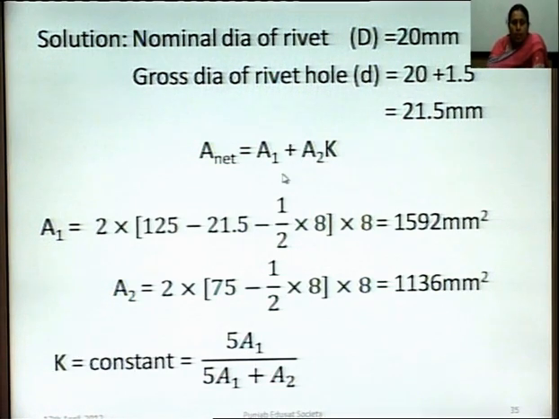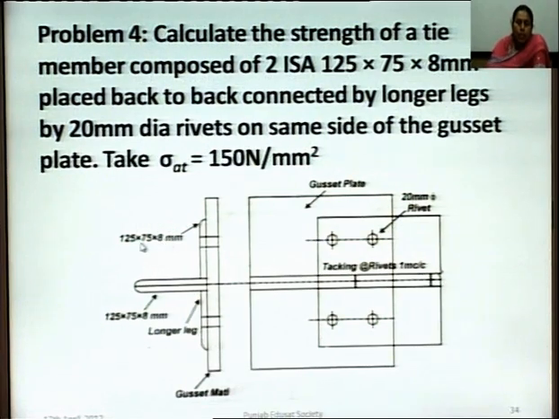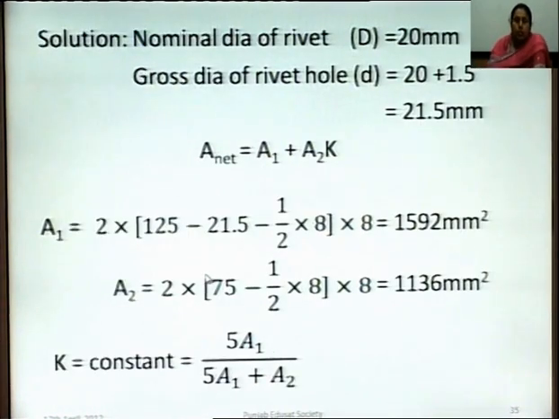Rest case is same. A1 will be area of connected leg. So, connected leg length is 125 minus D minus half T. So, you must remember it is always given as length of the leg minus D minus half T multiplied by thickness of the leg.